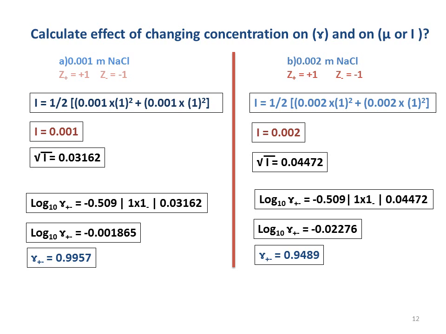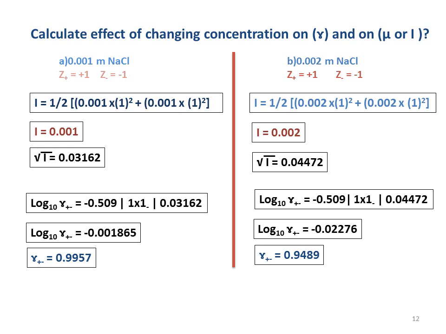So first we calculate for the cation and then add for the anion. Concentration is given as 0.001 into Z positive 1 square, plus 0.001 multiplied by 1 square. So the value of ionic strength is 0.001.